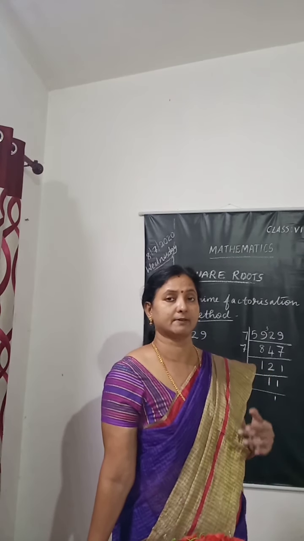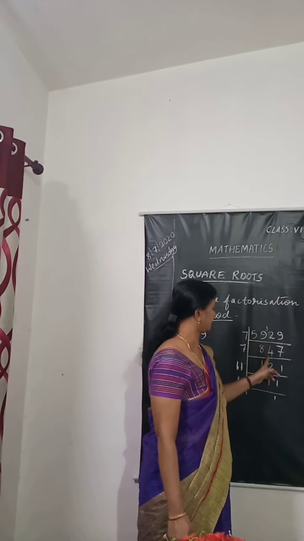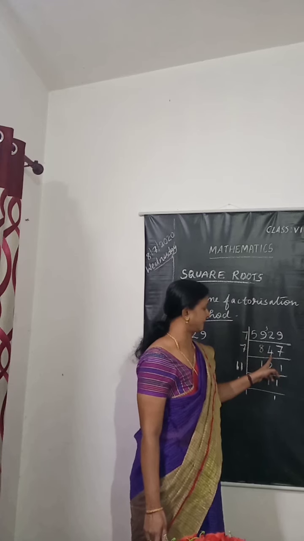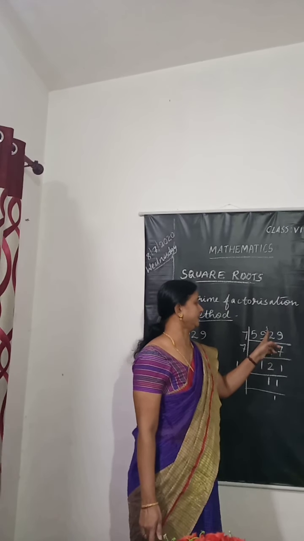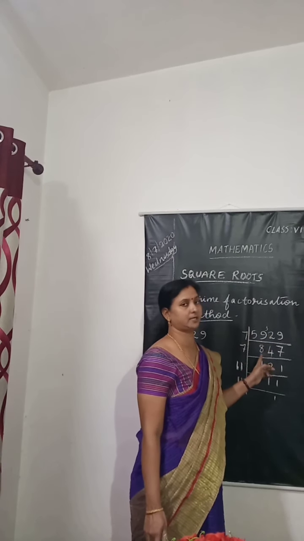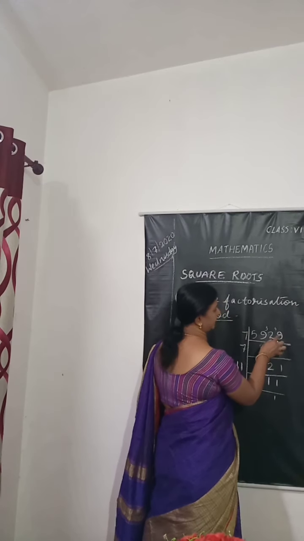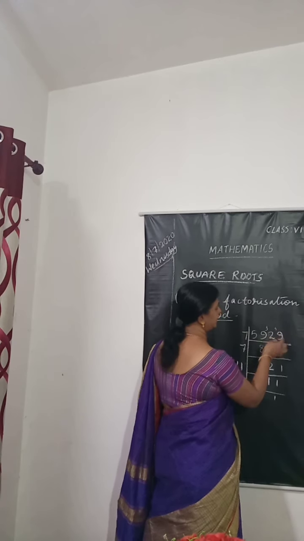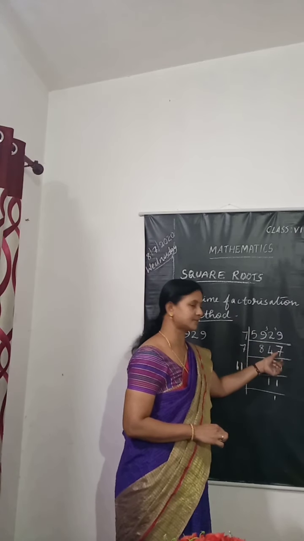So we will take 7 4s are 28. So we are writing 4 here. Then 32 minus 28, it will be 4. So that 4 will be coming in front of 9. So that this is 49. In the next step, that is 49 divided by 7, it is 7.